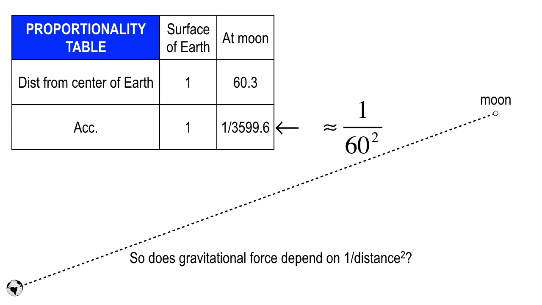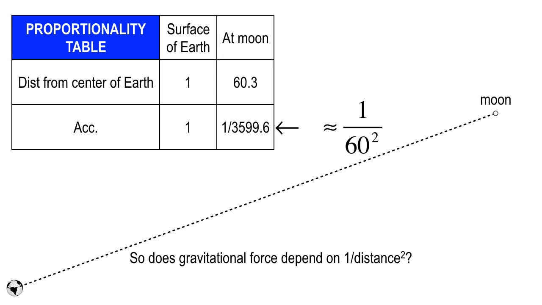So here's the conjecture. Is gravitational force, gravitational acceleration, dependent on the inverse square of the distance, 1 over distance squared? Because that's what this table kind of tells you.